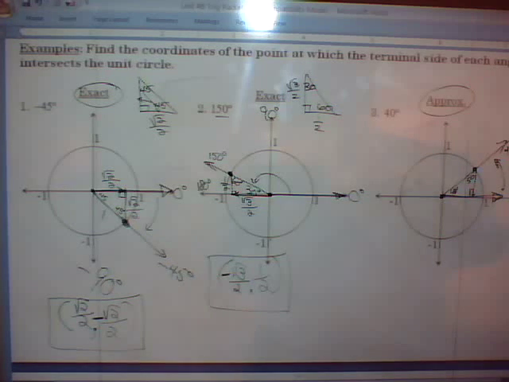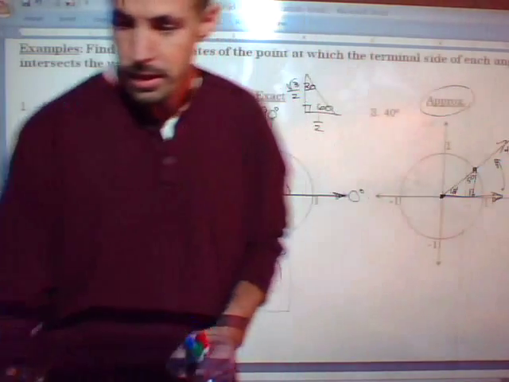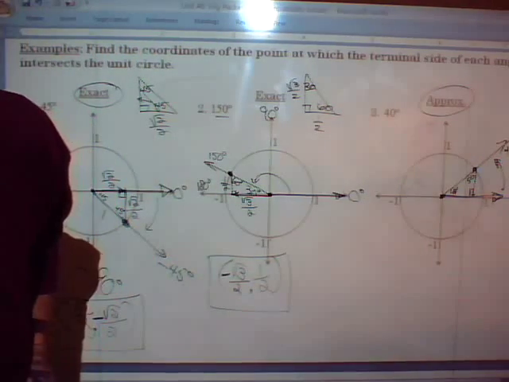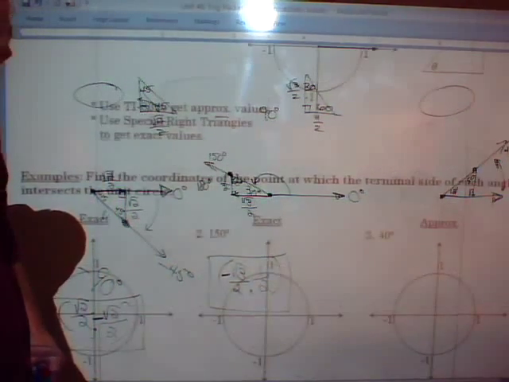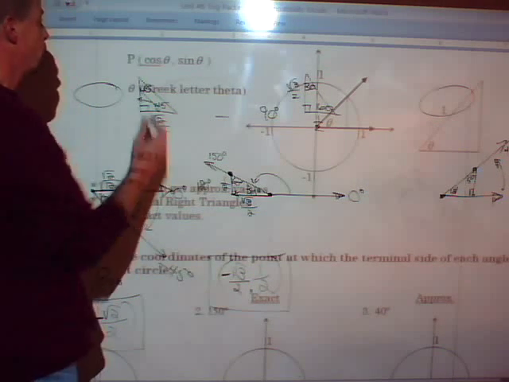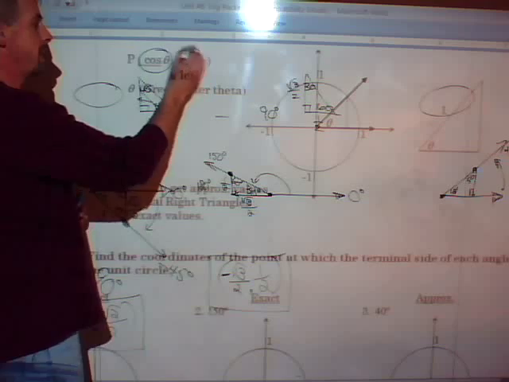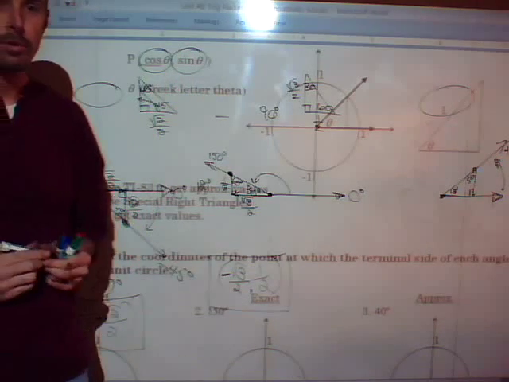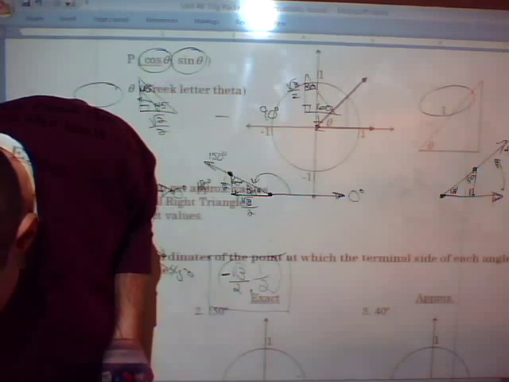Well, what else do we know? We know from the section above here, if I move up a little bit, that the x-coordinate was represented by the cosine and the y-coordinate was represented by the sine. Okay?